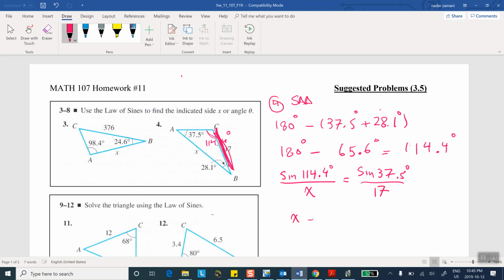Therefore x is equal to 17 times sine of 114.4 divided by sine of 37.5. Okay, so let's go and type this in our calculator.